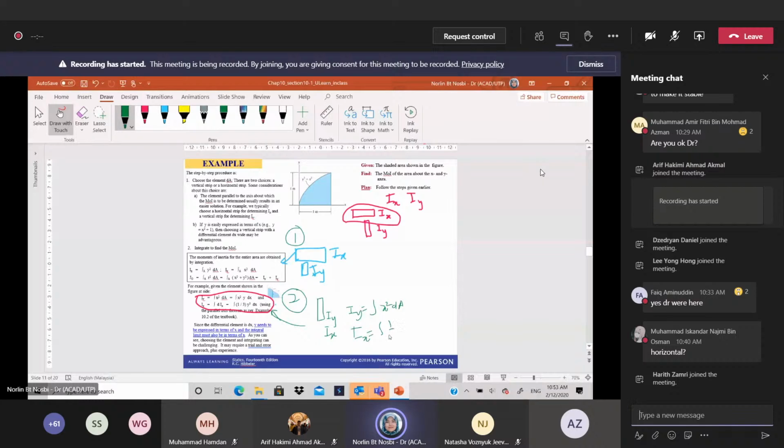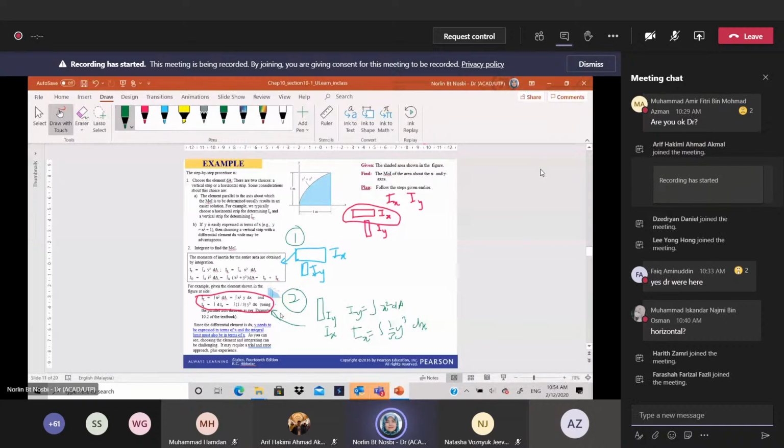So there are two solutions that you can follow. If you want to choose the first one, you have to use this equation. If you choose the second one, you have to use the bottom equation. So there's a difference between these two steps. Don't forget. You can look back at the example.